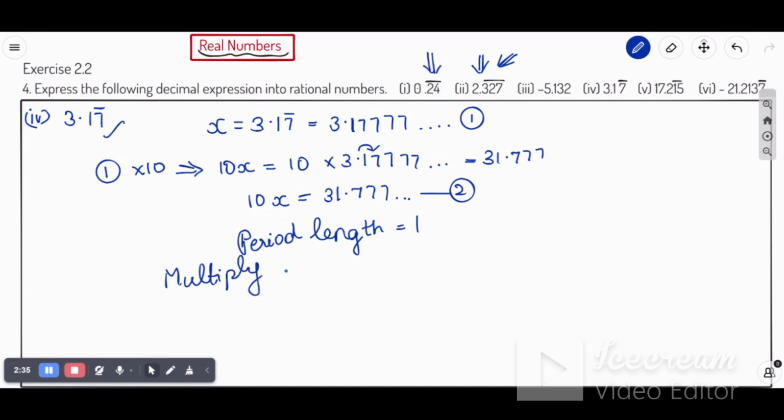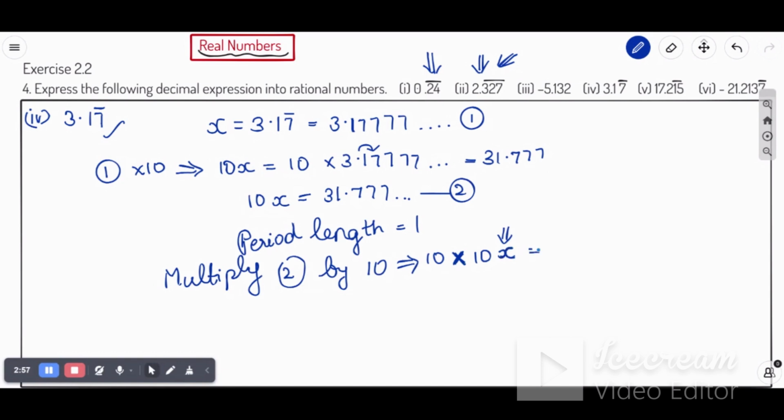Take the equation 2 and then multiply by 10. So if you multiply by 10, you will get another equation, that will be 10 into 10. So for clarity, make your x always like this and your multiplication symbol always like this. It is a perfect cross and this will be a cursive x.